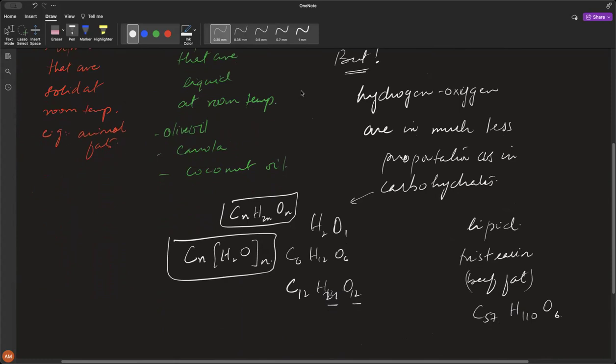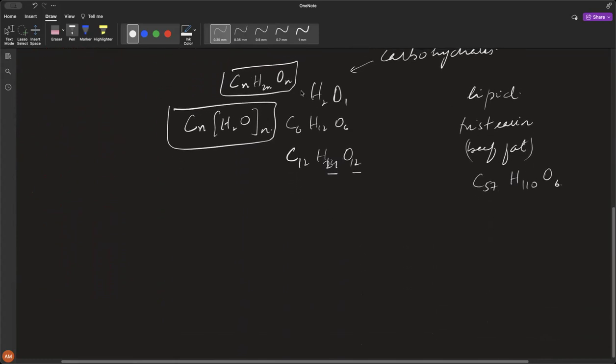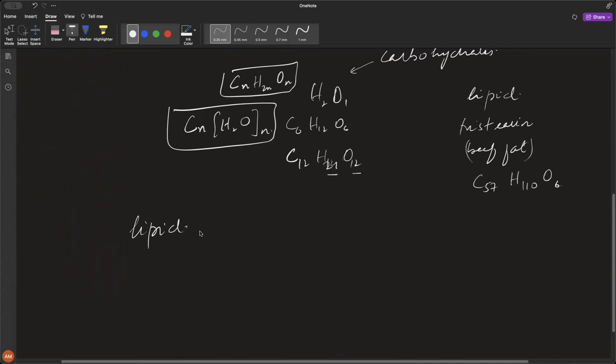Now, when we talk about lipid molecule, this lipid molecule is also called triglyceride.